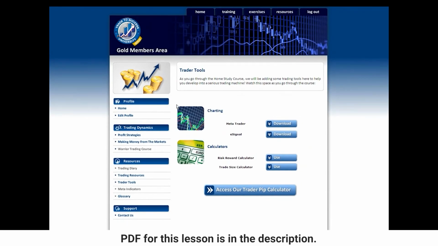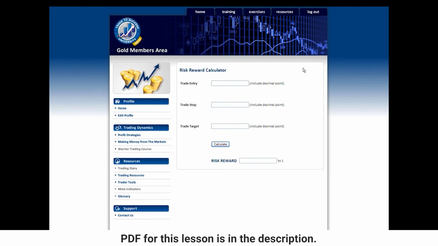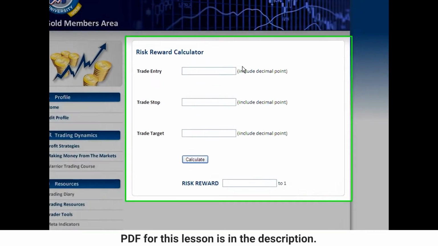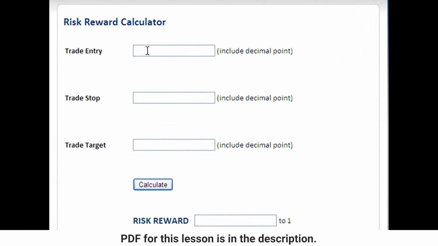If you just click on that, and you come to this page here, and if you just go through to the calculator section, and next to risk reward calculator, if you just click on use, then you come through to this page here. This is the risk reward calculator. Now what you simply just do here is insert your entry price, insert your trade stop, and insert your trade target. Then you click on calculate, and the risk reward is automatically worked out for you.